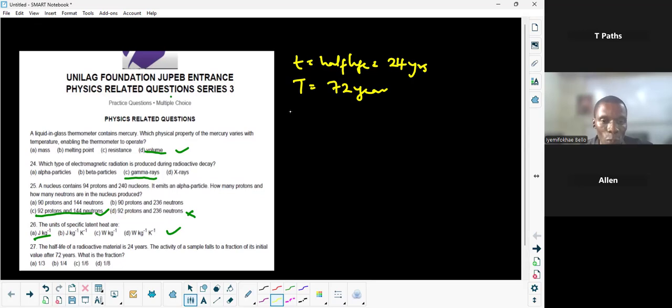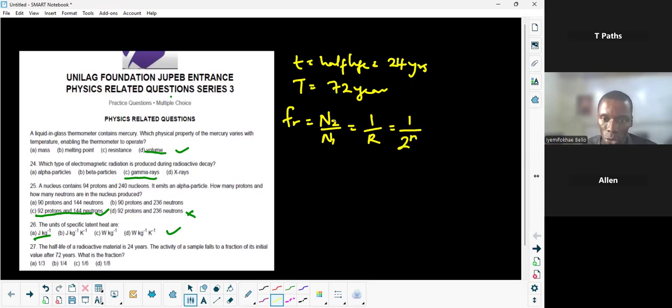Now, there's a formula that you need if you are looking for the fraction of any radioactive element that remains. It is F equals N2 over N1, which is 1 over R, which is 1 over 2 raised to the power of n.